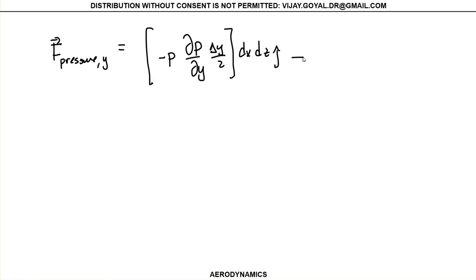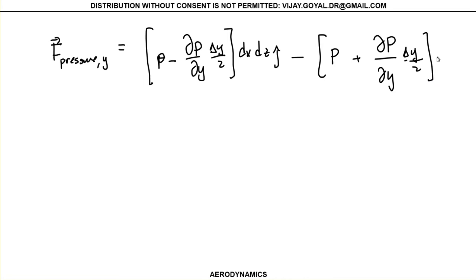Then it will be p plus partial of p with respect to y, delta y over 2. So sorry, delta x, delta z, in the j direction.